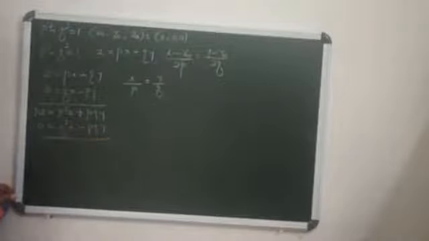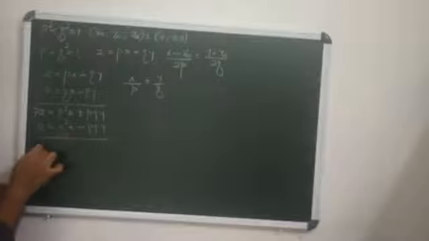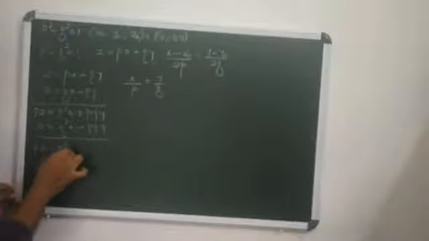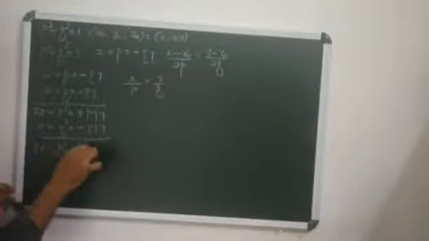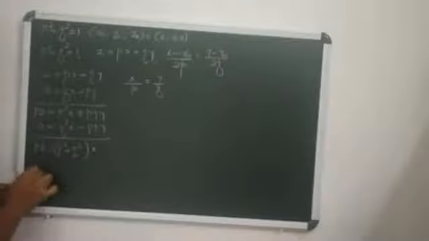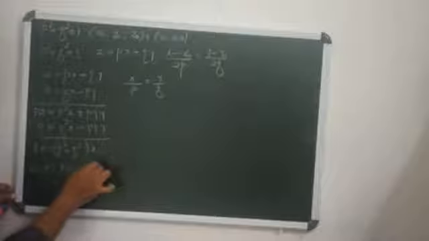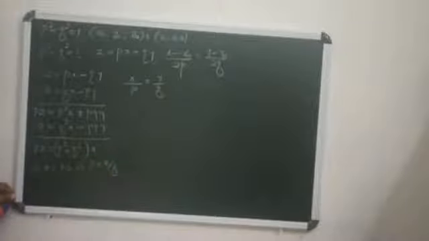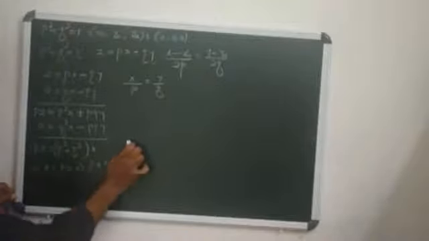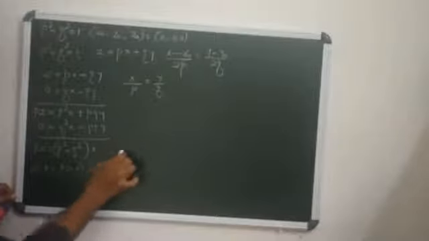If you are adding, then pz equals (p square plus q square) into x. But p square plus q square is 1, so that means x equals pz. That means p equals z by q. Sorry, p equals z by x. Sorry, p equals x by z.